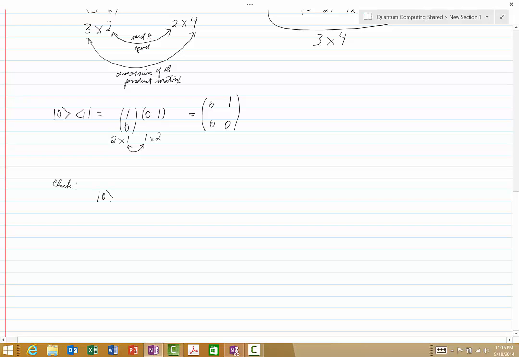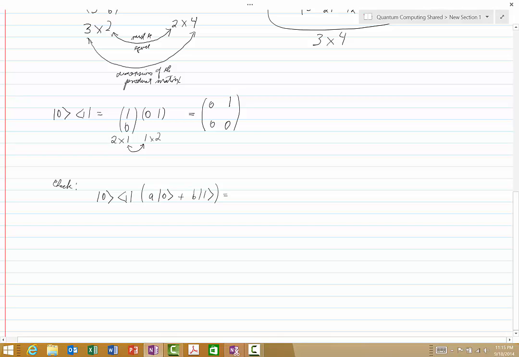If we keep the operator written in the bra-ket form, and we let it operate on the vector A0 plus B1, well, let's see what we'll get.